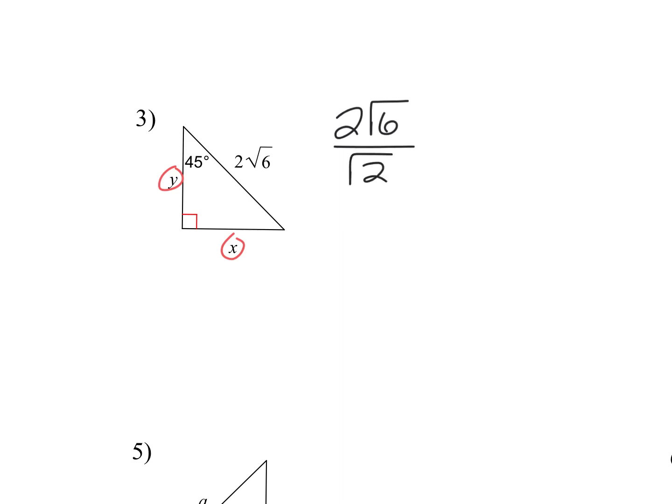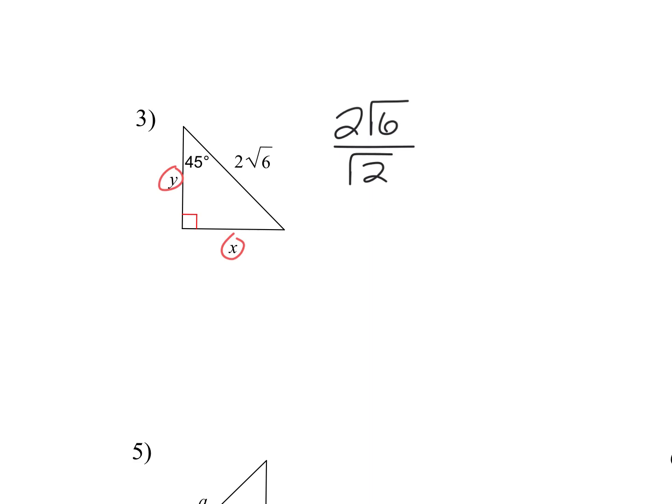Now, something we haven't talked about before. Does anybody know how I can simplify that without going through all the multiplying? What'd you say? Okay. Can we simplify this 2 and 2? No, why not? They're not the same. They're not both radicals. Well, what about these 2 radicals?